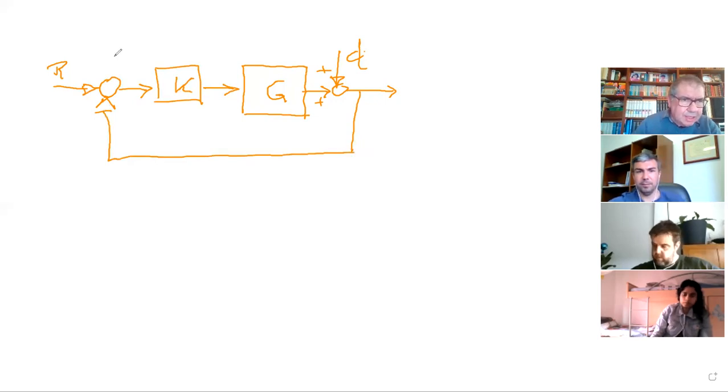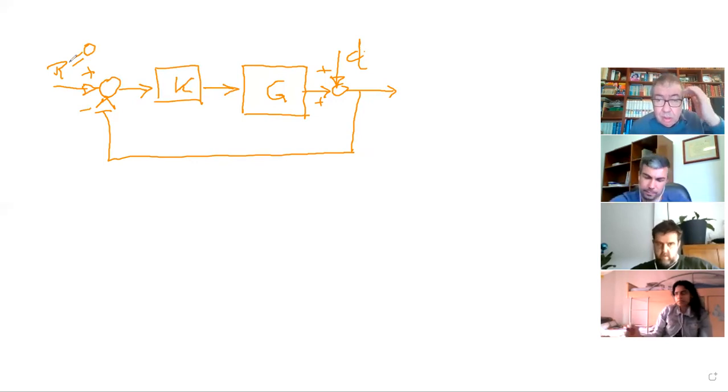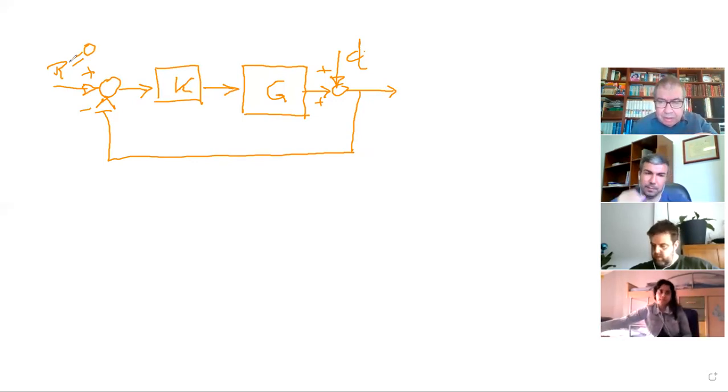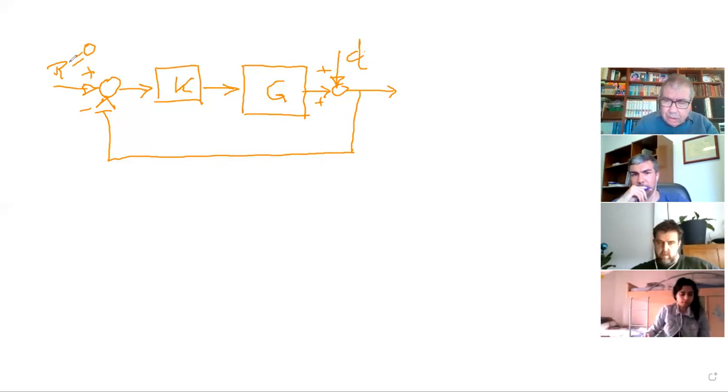Okay? And let's assume that our reference is 0. We can say, well, consider that you are linearizing about some value, and reference 0 means you are at equilibrium point. You have a nonlinear system and you are linearizing.